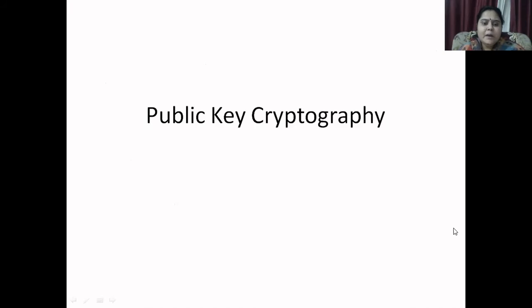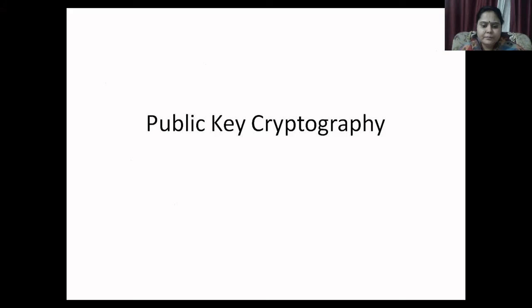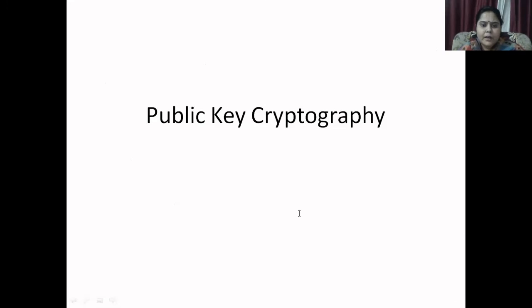Now see what is public key cryptography. Unlike symmetric key cryptography, we do not find historical use of public key cryptography. It is a relatively new concept. Symmetric cryptography was well suited for organizations such as government, military, and big financial corporations which were involved in classified communication.